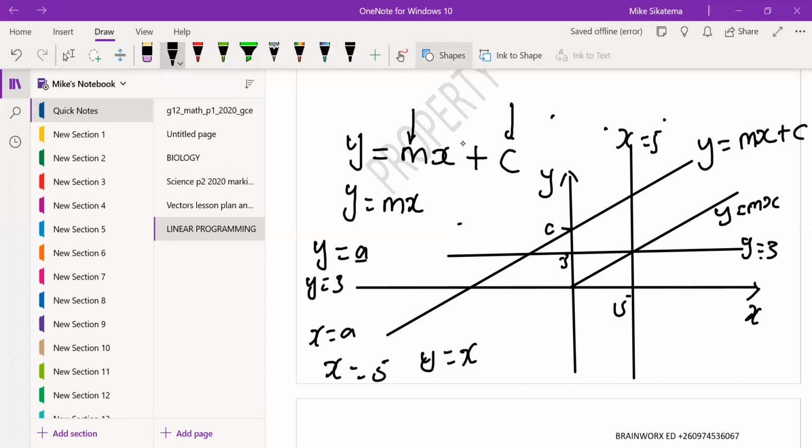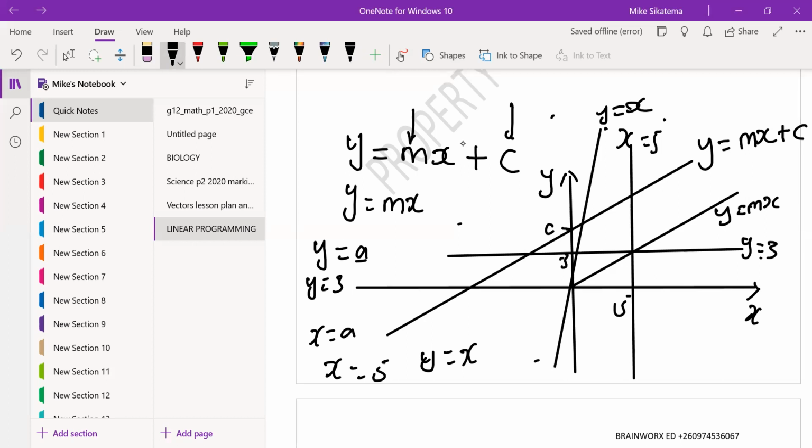This line y equals x won't cut through here, but it will pass through the origin like so. So this will be the line y equals x. These are the linear equations that you're going to encounter as we are doing coordinate geometry.